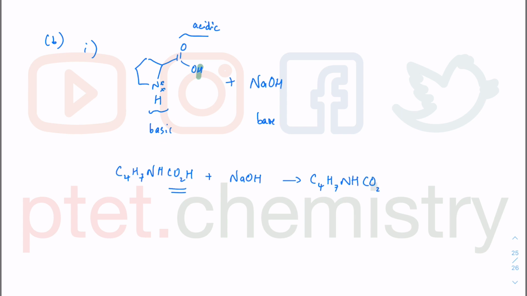The CO2H becomes CO2 minus after you lose the H plus, and now it becomes a salt. The H plus combines with the OH minus to give you H2O. The Na plus comes from the sodium hydroxide. I always like to write my salt in this ionic form, where a lot of books will ignore the sign of the charges. It's not wrong, it's just that I like to see what I'm writing so that it's much clearer to me. But that's just me, alright?